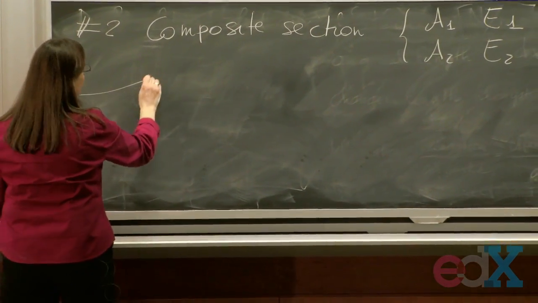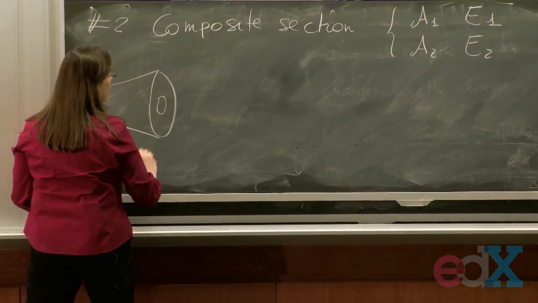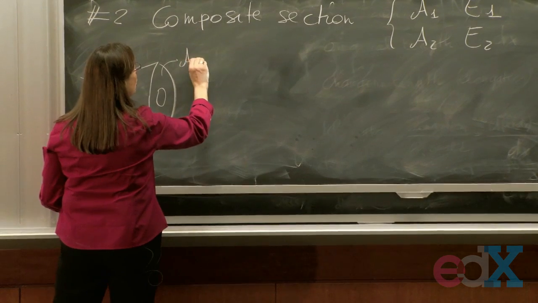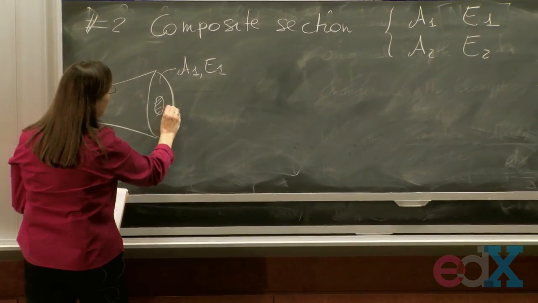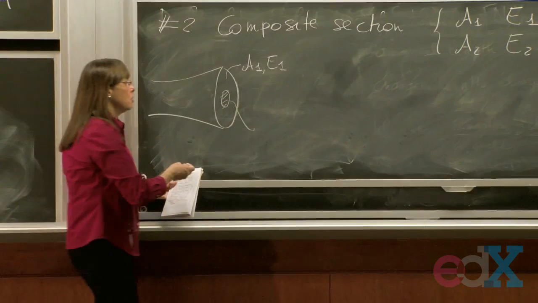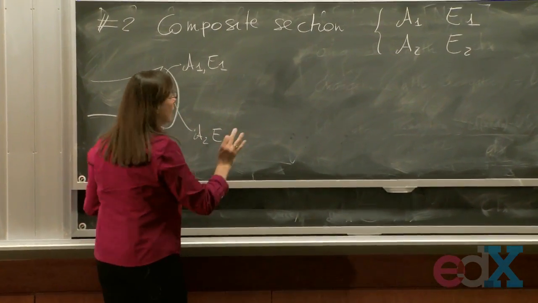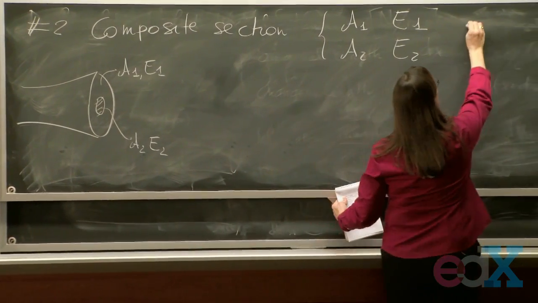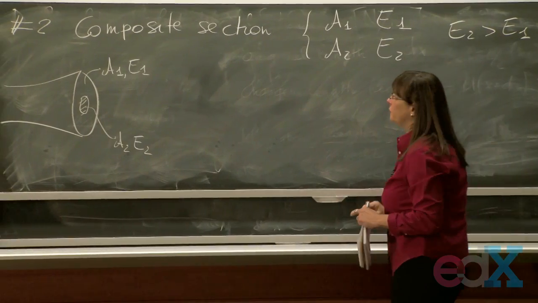So I have one part of the section A1 with modulus E1, and then inside here, like the core of this bar, is made of something else. Let's say that this is A2 with modulus E2. Let's say that E2 is greater than E1, just for the heck of it.